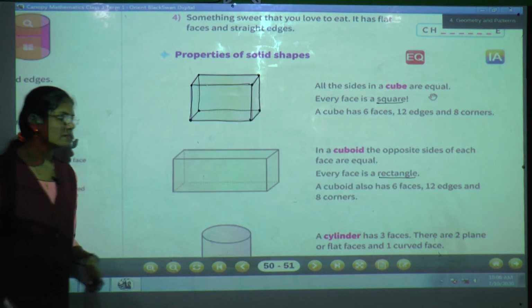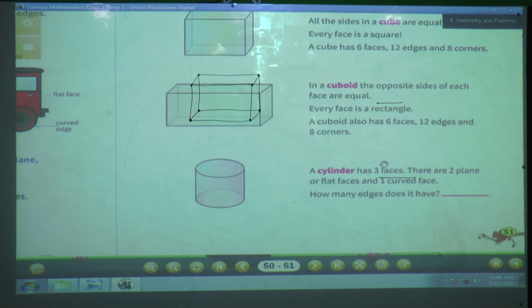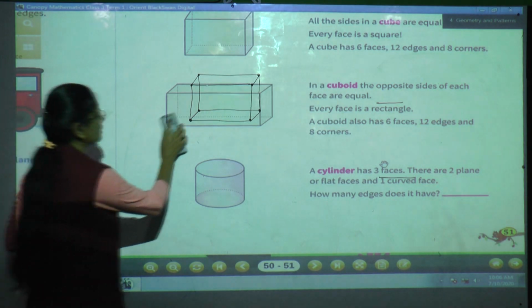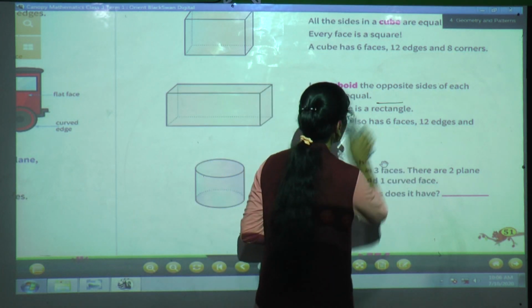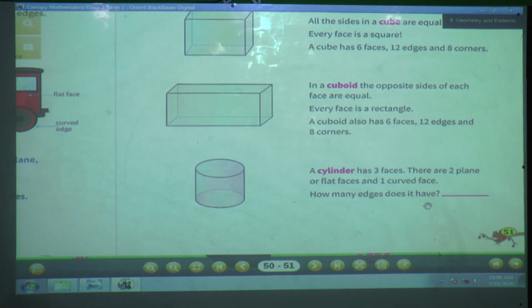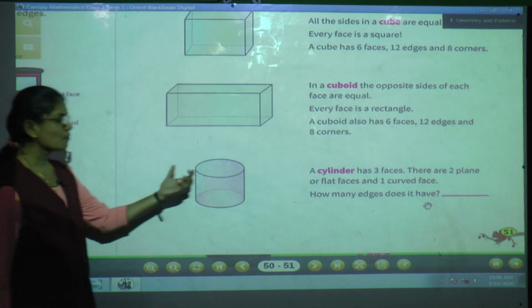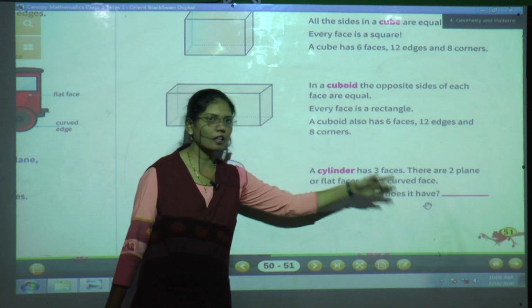Okay, then we have seen the next shape, that is a cylinder. Now what about the cylinder? A cylinder has 3 faces. There are 2 plain or flat faces and 1 curved face.